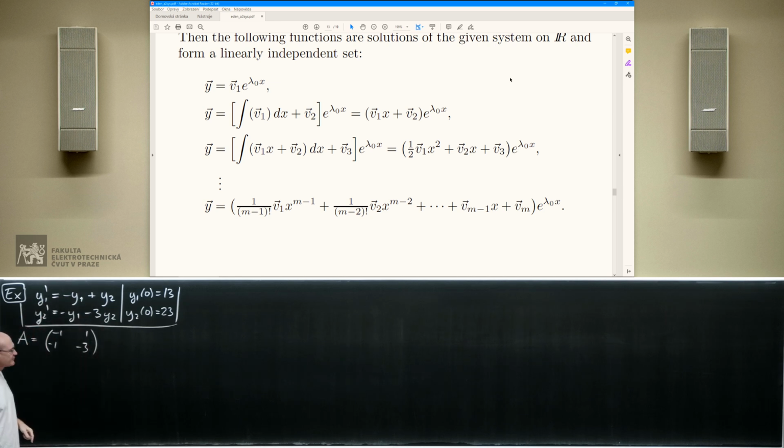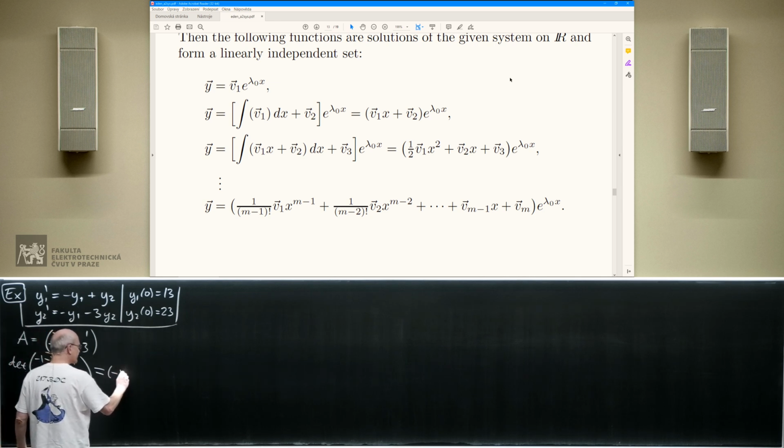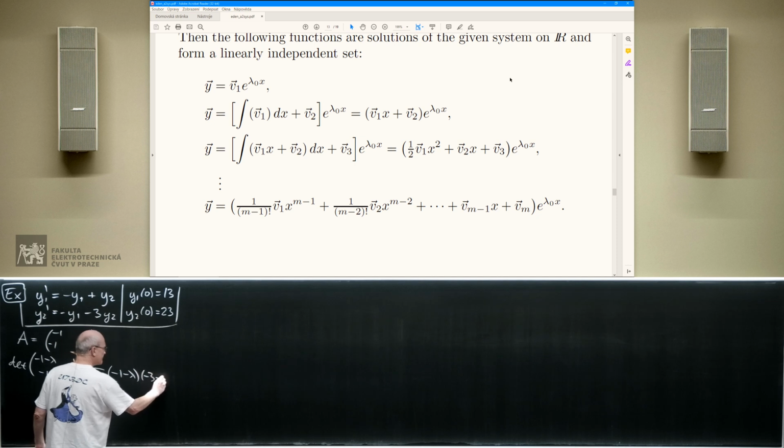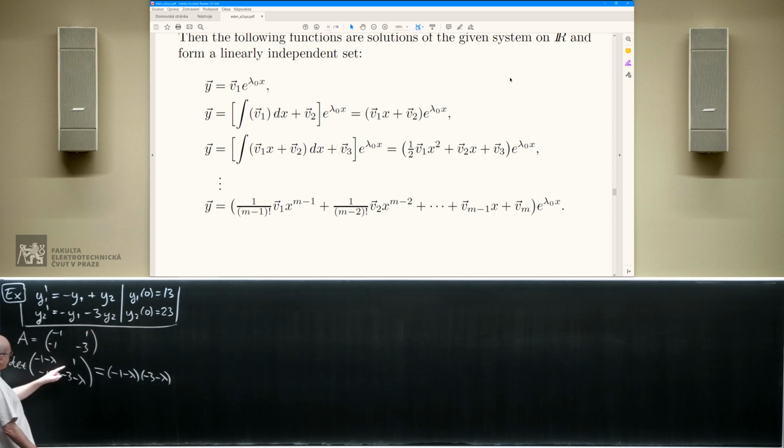That's a lot of negative numbers. Anyway, let's find eigenvalues. I subtract lambda on the diagonal, and I work it out. So what's the determinant? Okay, I'm multiplying these two guys, and let me write it down. (-1 minus lambda)(-3 minus lambda), and then there is +1.